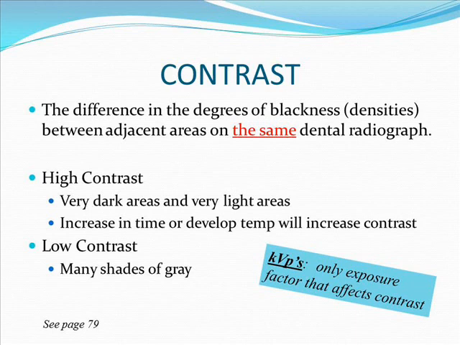And we've already talked about that in reference to our kVp setting. The higher the contrast is going to show very dark areas and very light areas. The lower the contrast is going to give us shades of gray. Look on page 79. You've got 3 pictures there of basically the same thing. They're not exactly the same picture, but probably taken one after the other with some changes.